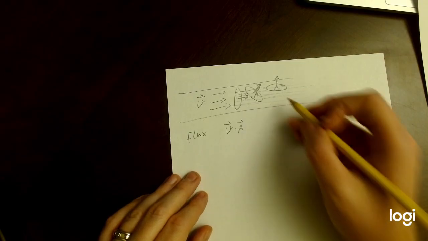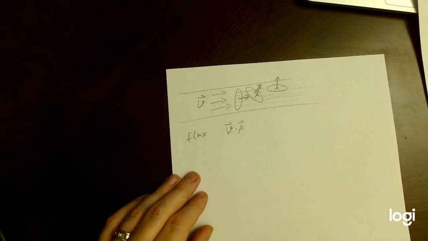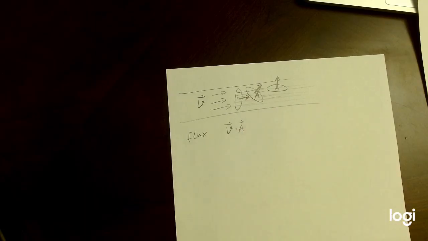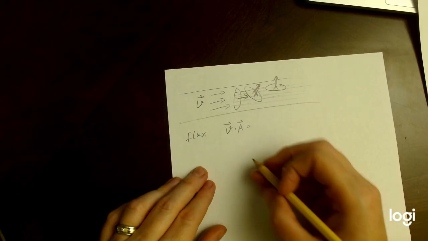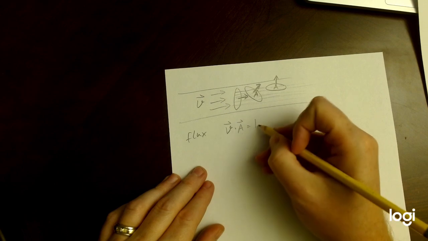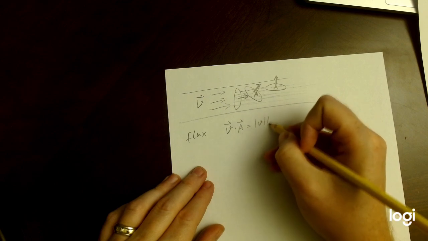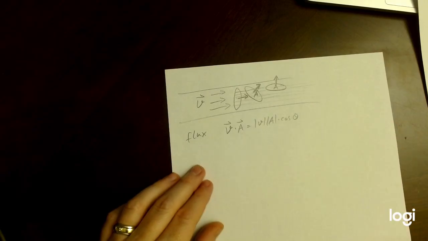So if you have more area, the magnitude will get bigger, but the direction is always perpendicular to the surface. And so then we can use our definition of a dot product to tell us that this is the magnitude of V times the magnitude of A times the cosine of the angle between them.